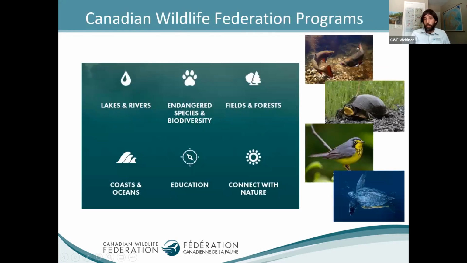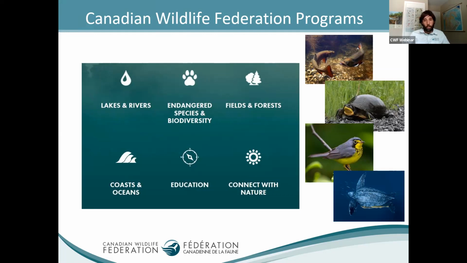So a little bit about CWF. We're one of Canada's largest conservation organizations. We undertake a number of conservation projects and education projects across the country. Our mission is to conserve and inspire the conservation of Canada's wildlife and habitats. We do this in a number of ways. One of which is engaging the public and youth in citizen science, things like iNaturalist Canada, and through our education programs like Wild Outside and our Canadian Conservation Corps.